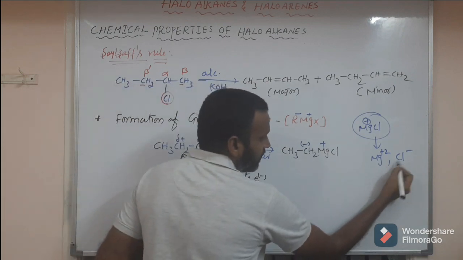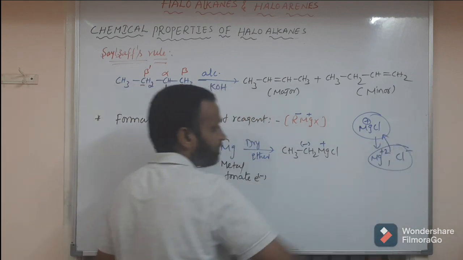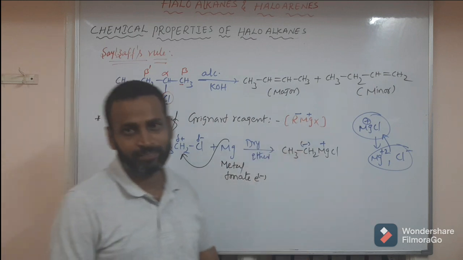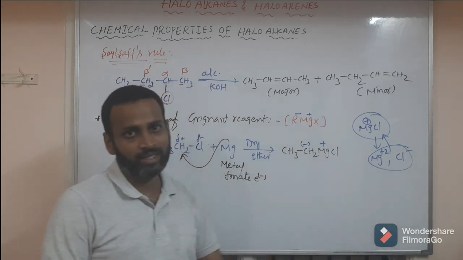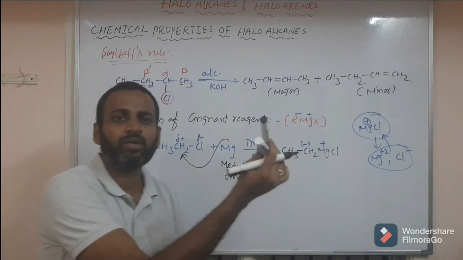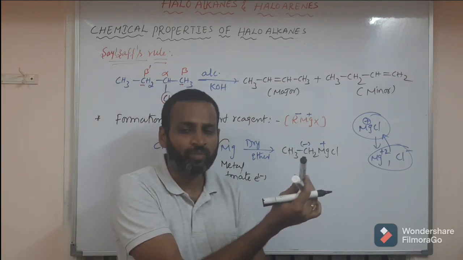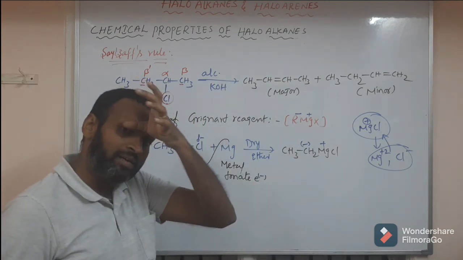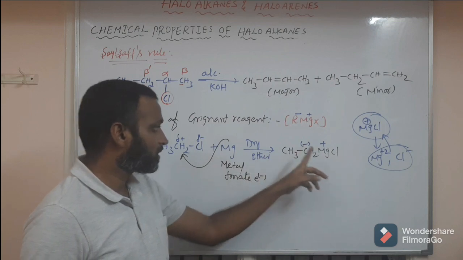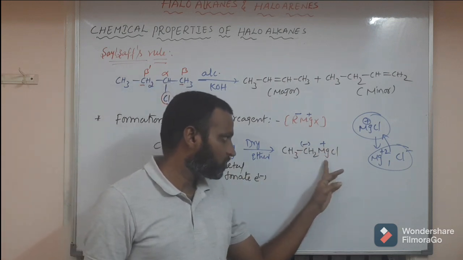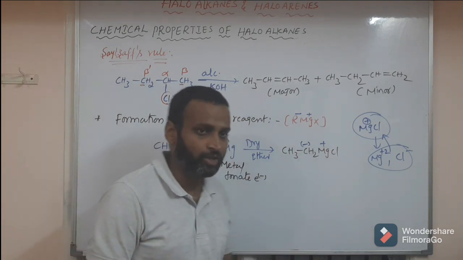If combined, that will be again Mg plus and Cl. So magnesium actually has a plus 2 charge. That can be a question: what will be the charge of magnesium? In MgCl, the charge is plus 1, but the overall charge of magnesium is plus 2. Like that you have to remember.